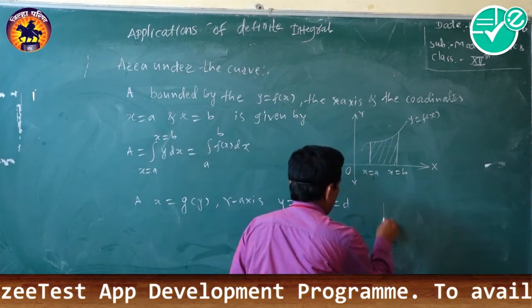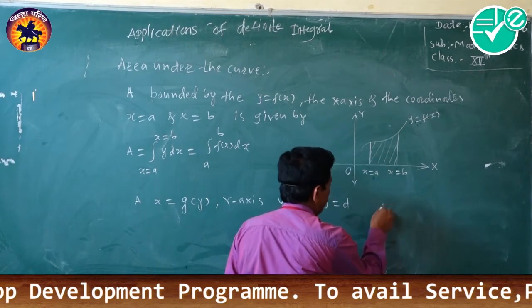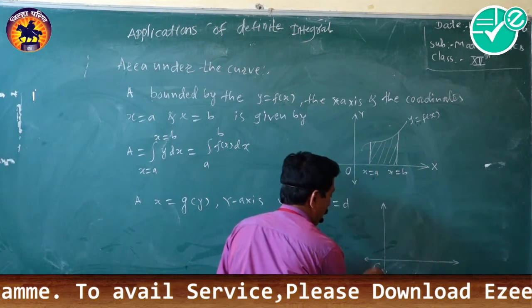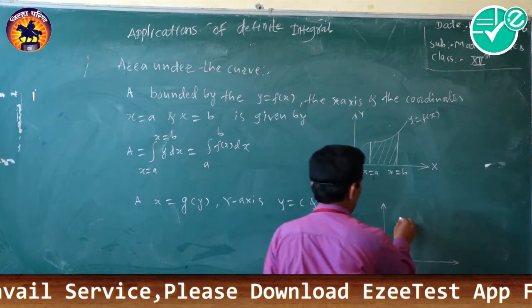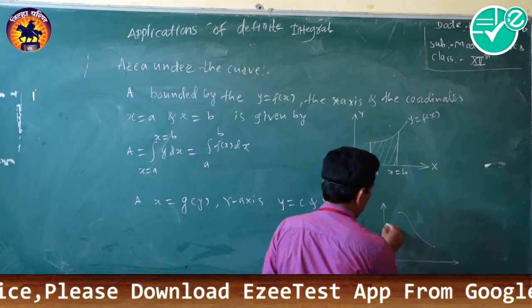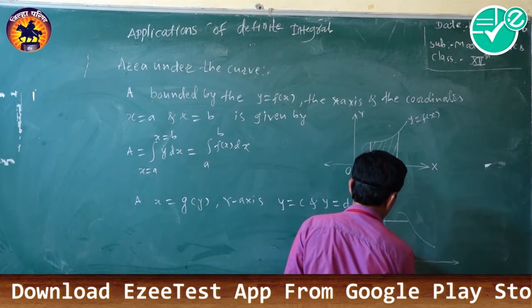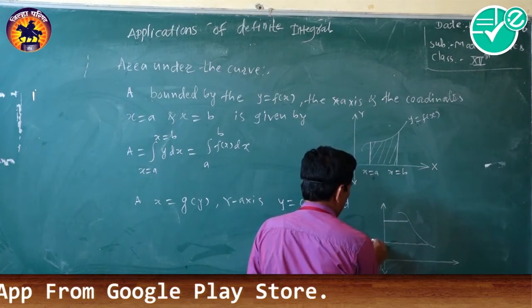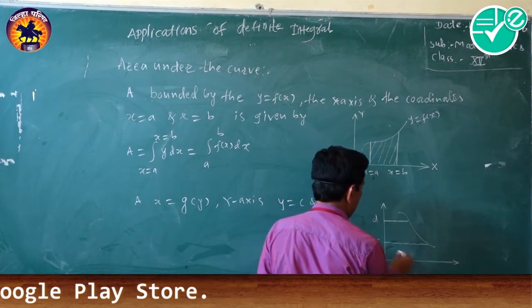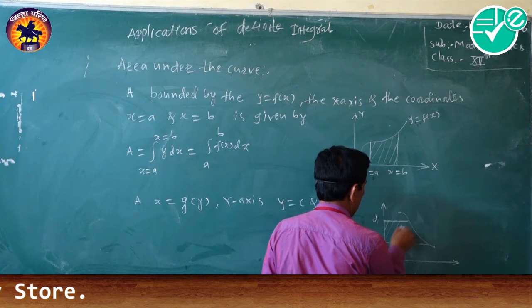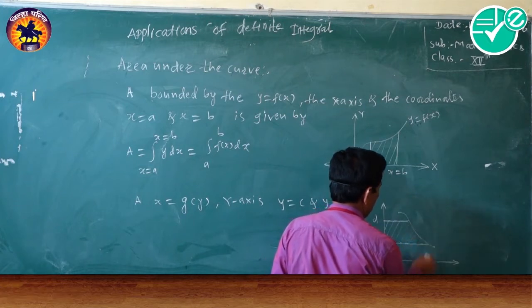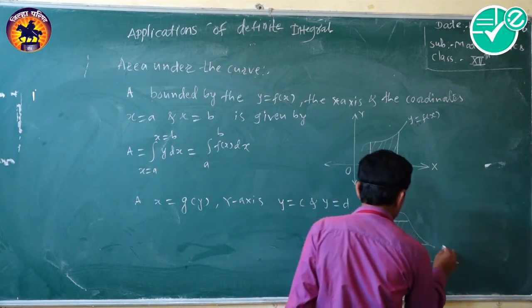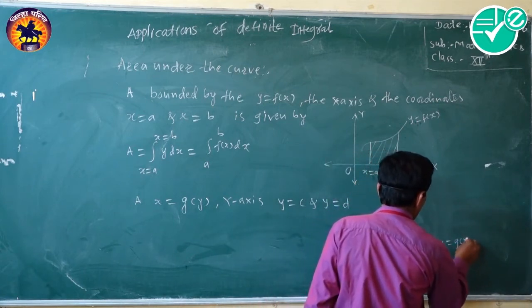That is, we can draw this figure. This is the curve x is equal to g of y.